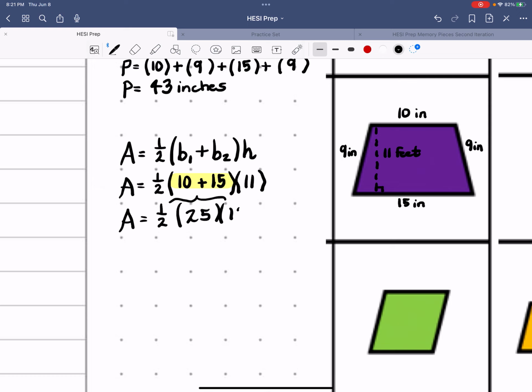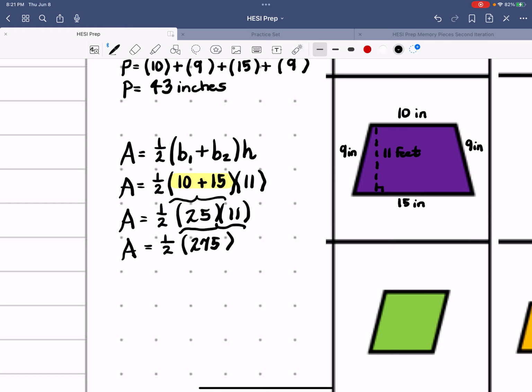And then copy. Then 1/2 of 25 times 11. And you can use 0.5 there. 25 times 11 times 0.5. That'll work.